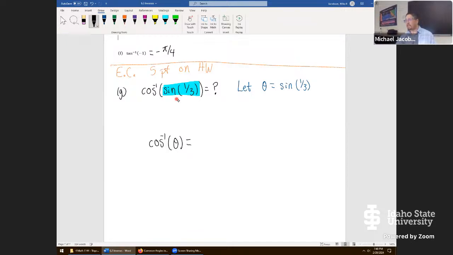And we can say cosine inverse of sine of 1/3 is the theta equals, it's an unknown, so how about x to start? If you went that route, you could take cosine of both sides of this. Well, again, I think I'm getting stuck on this one. There is a pretty good approach to calculate a problem like this one. I think I'm just drawing a blank. So I'll leave this one as an open extra credit question.